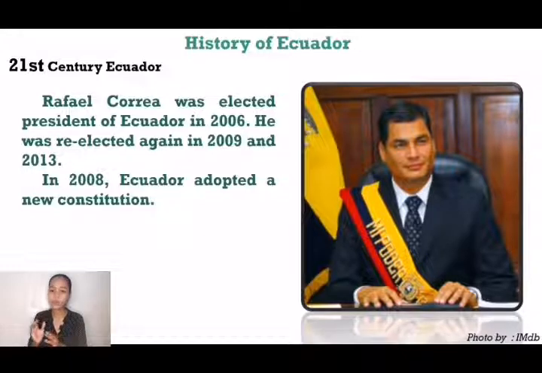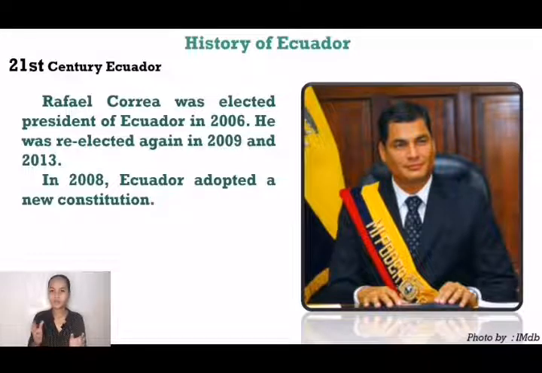The economy is growing, although it's still heavily dependent on the oil industry. And today, the tourism industry is a fast-growing industry in Ecuador. So that is the end of the long history of Ecuador.